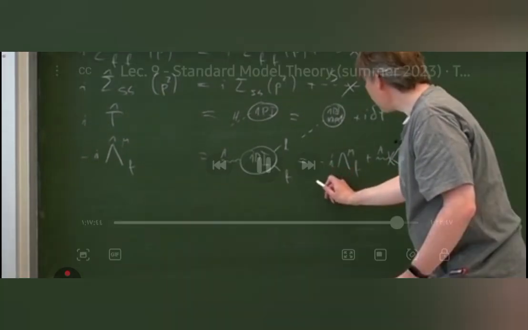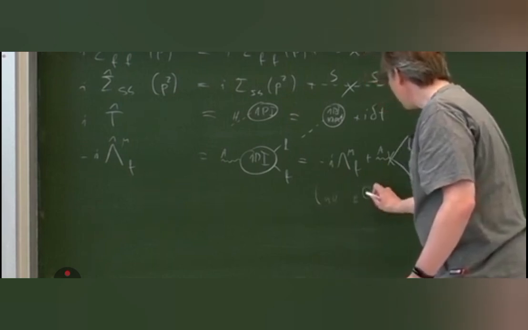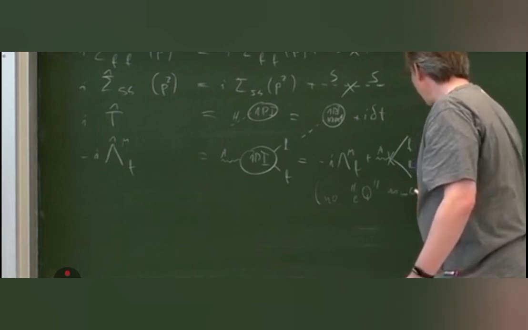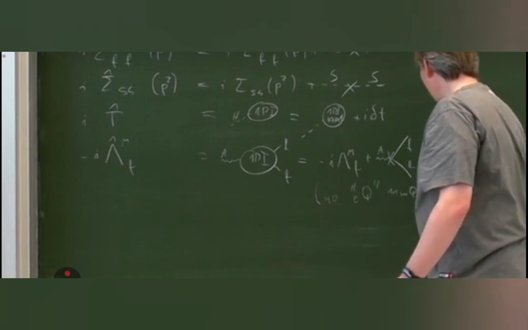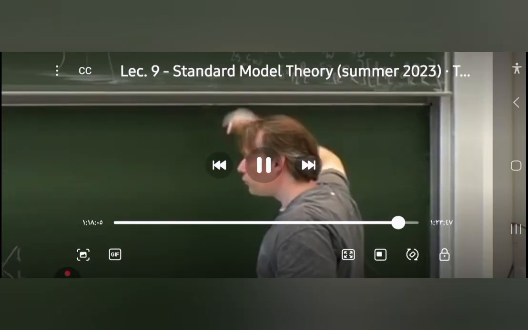So let me highlight a few things. Here there is a difference to QED. There is no e-q prefactor as in QED. The definition is a little bit different because the e-q prefactor is not so helpful here, since we have this mixing between the photon and the Z boson, and therefore we omit it here.